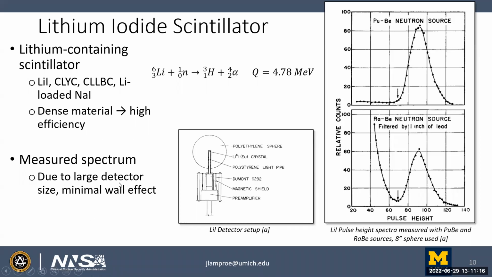And so this is a good, dense material, high efficiency, and you can see the measured spectrum examples over here, where there are minimal wall effects because of how large these detectors are in comparison. And then here's a little example spectrum or detector layout of the lithium iodide.